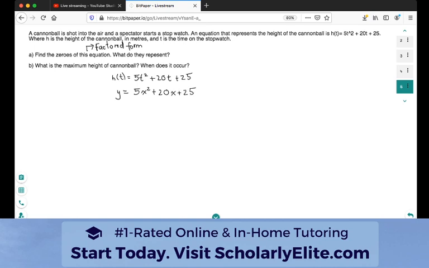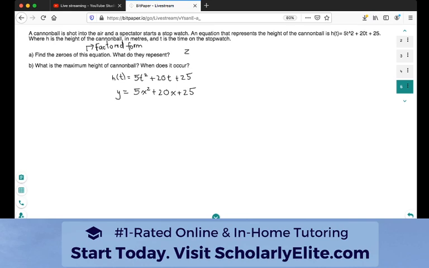So when we talk about factored form, one of the first things we're thinking of is that we need to determine if something can be taken out of all three of these terms. Now, when we also are asking about the zeros, we are asking about the x-intercepts.